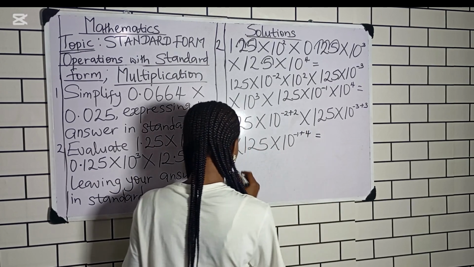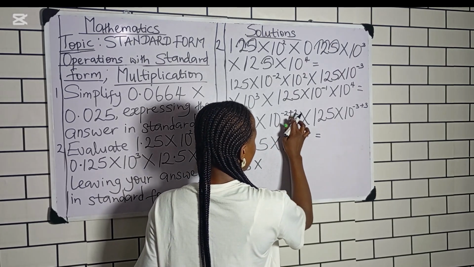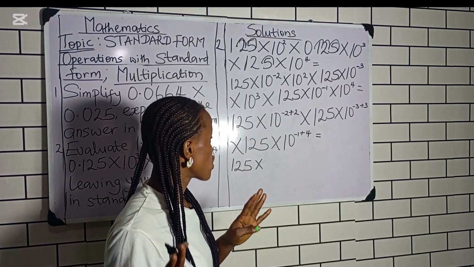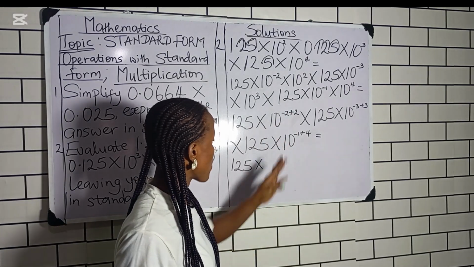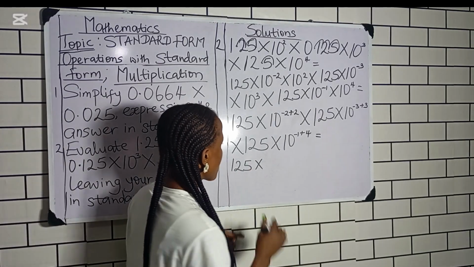Now, this will give us 125 times minus 2 plus 2, which will give us 0. And 10 raised to power 0 will give us 1. 125 times 1 will still give us 125.